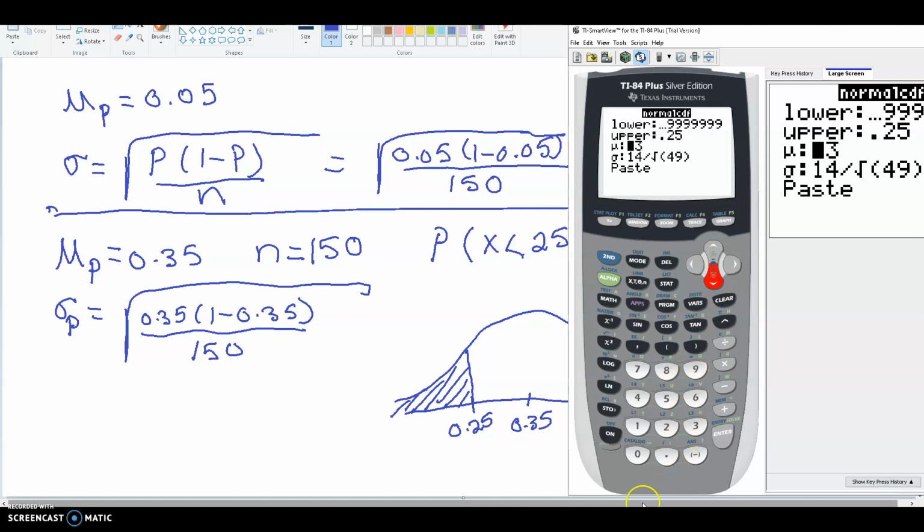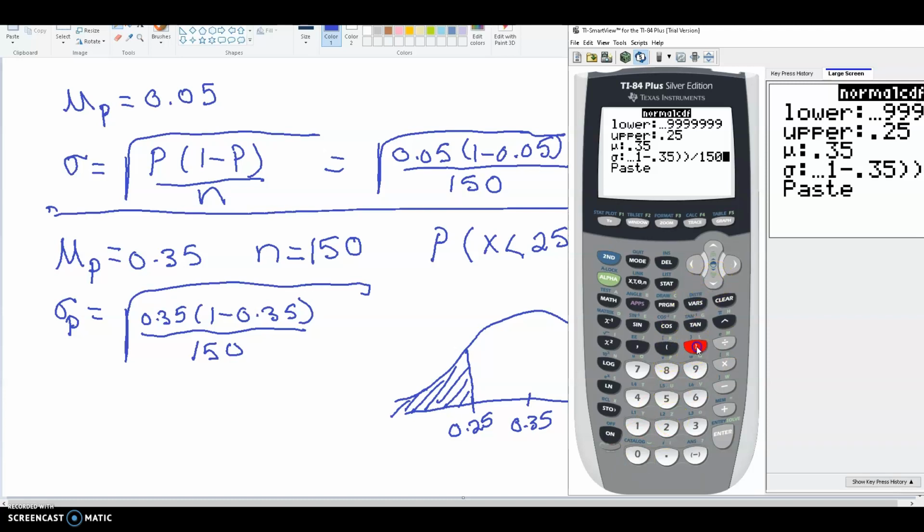The mean in this case is 0.35. And you can carefully enter your standard deviation right here. You don't really have to calculate it beforehand. So I'm going to do parentheses for the numerator, 0.35 times 1 minus 0.35, close for the numerator, divided by 150.